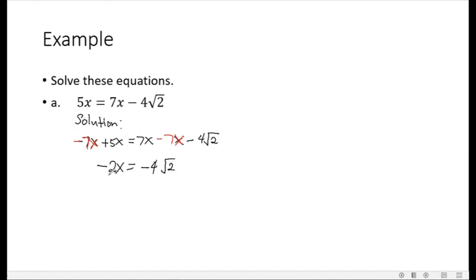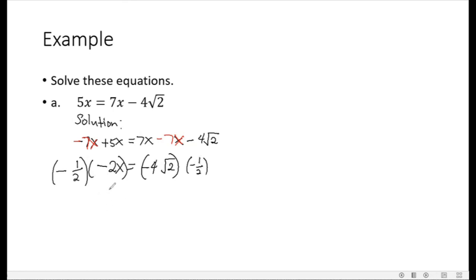Next, so meron pa tayong negative 2 dun sa left side. Pwede natin siyang i-multiply ang left side ng negative 1 half, iyon ang kanyang multiplicative inverse. At ganun din ang gagawin natin sa right side, negative 1 half.